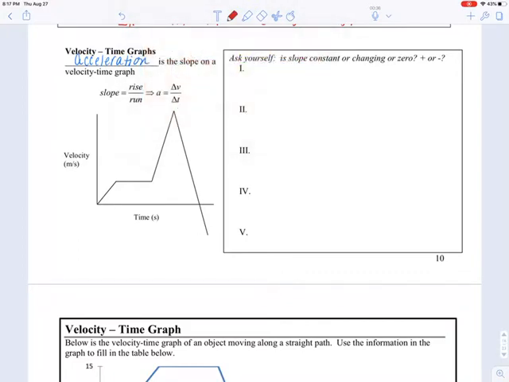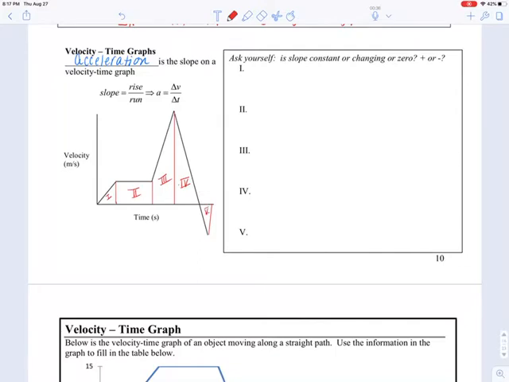So let's first start by splitting this up into different sections. I will call this section 1. And this will be section 2. This will be section 3, section 4, and then this right here will be section 5.